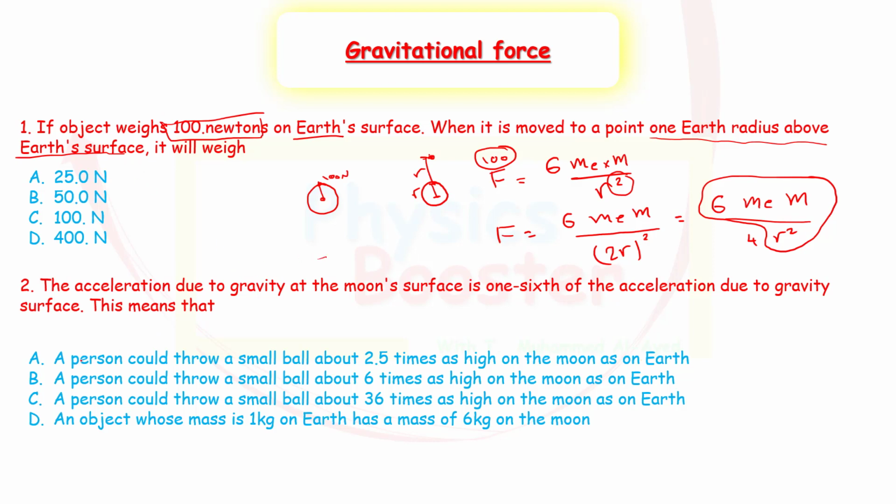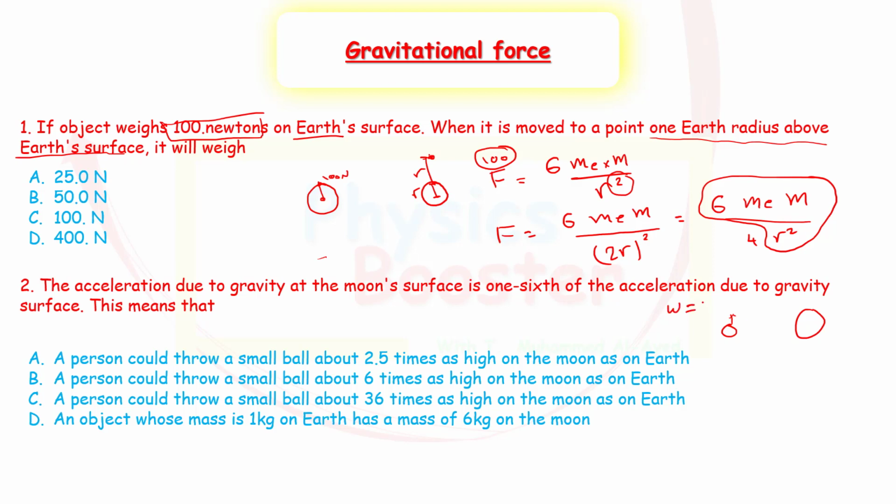Let's start with choice A. It says that a person could throw a small object 2 times higher. Well, this is, for example, the moon, and this is, for example, Earth. The gravity here is 1 over 6 of the gravity on Earth. So it's obvious that when somebody throws an object upwards, it has a weight applied on it.